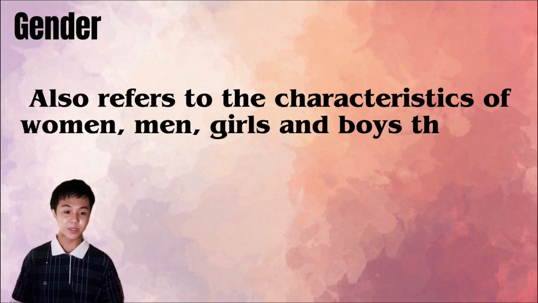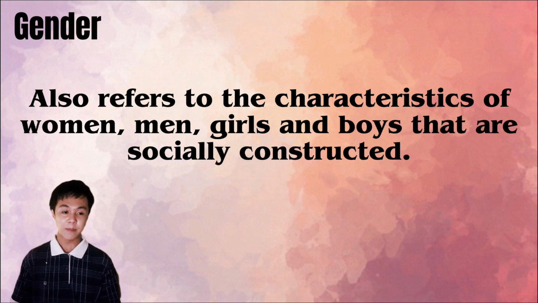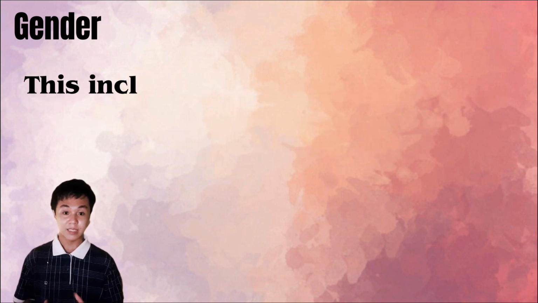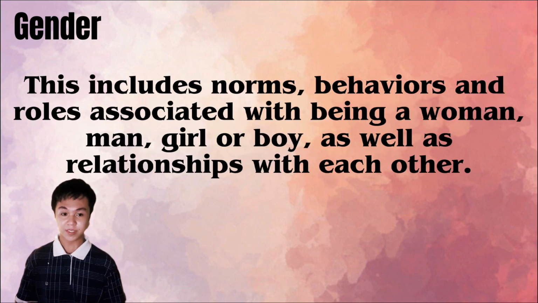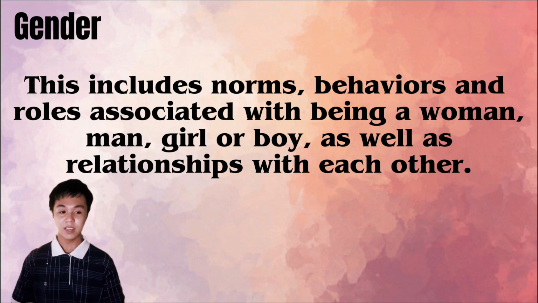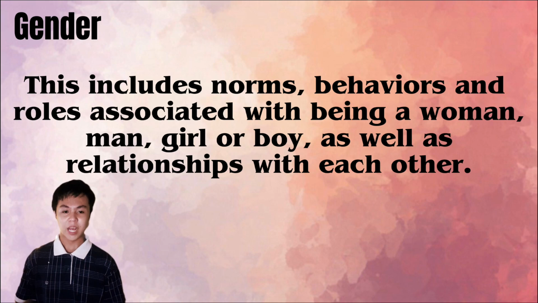Gender also refers to the characteristics of women, men, girls, and boys that are socially constructed. These include norms, behaviors, and roles associated with being a woman, man, girl, or boy, as well as relationships with each other.